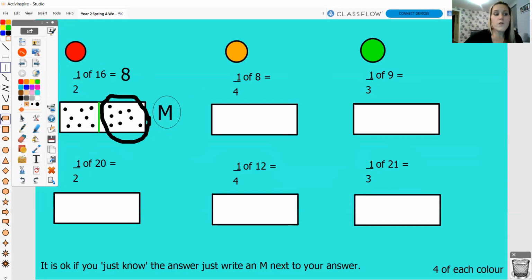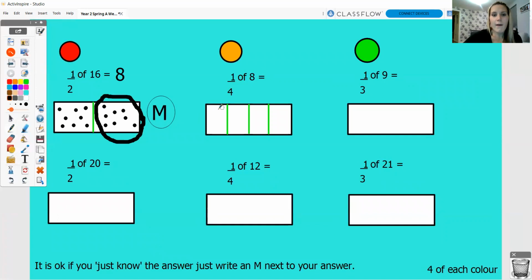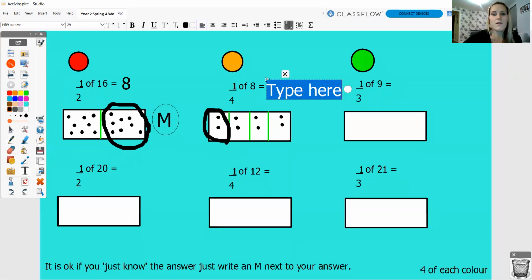When we move on to quarters, we divide our bar into 4 equal parts because the bottom number is 4, the denominator is 4. We then share out 8. 1, 2, 3, 4, 5, 6, 7, 8. We're looking for 1/4, so we count one of the parts and we can see that the answer is 2.